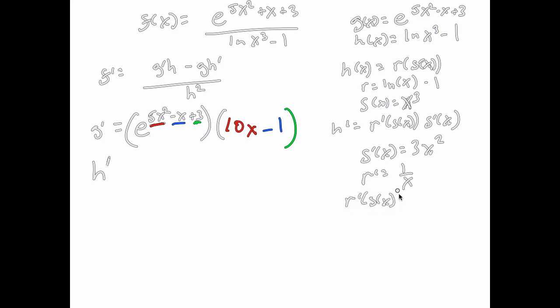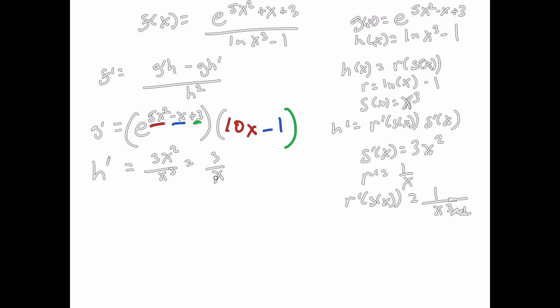So that's 1 over x cubed. And then you multiply that by s prime to get the whole thing, which is 3x squared divided by x cubed. Oh, I forgot the minus 1 over here. I apologize. That's right in the first place. Sorry. Which equals 3 over x. And that is h prime.